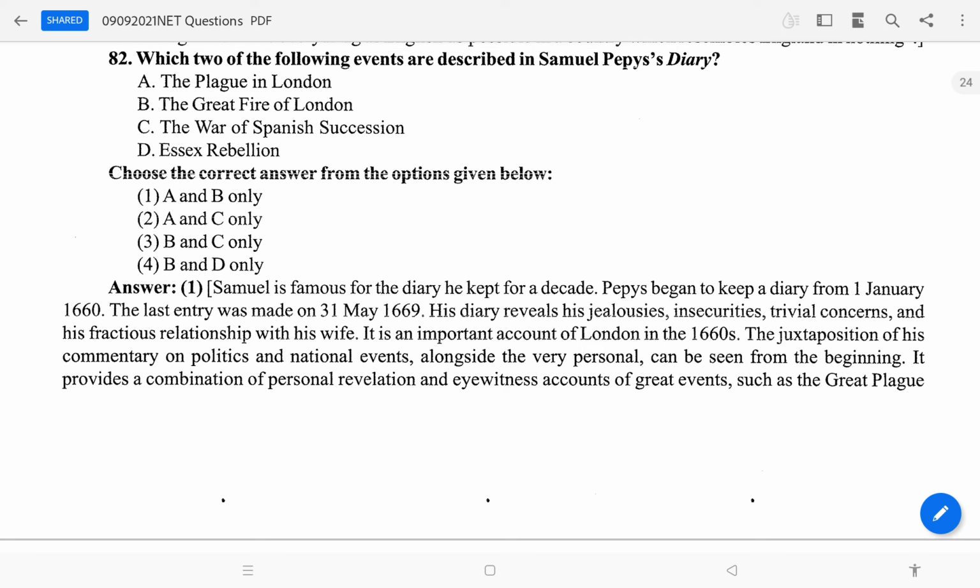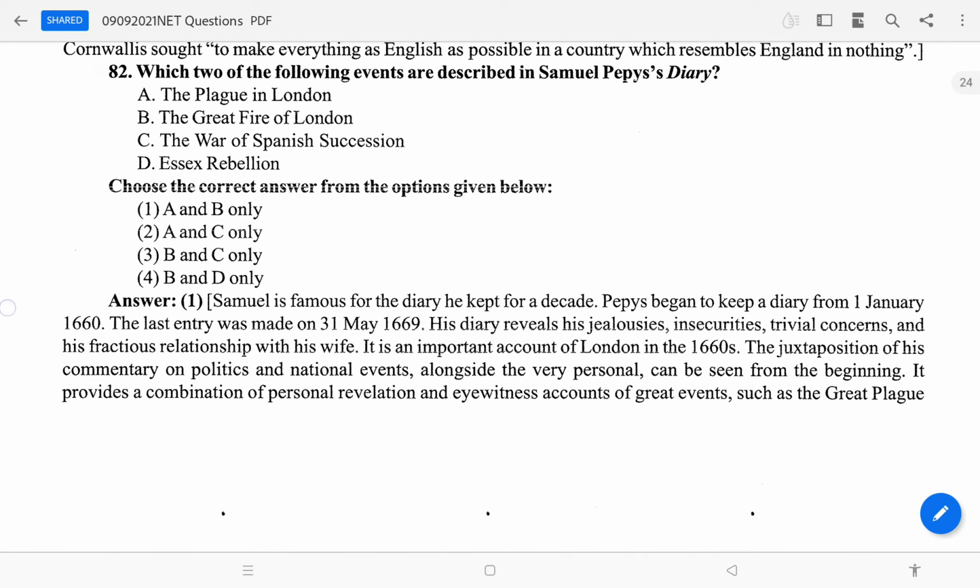He was very ill, and the doctor asked him not to read and not to write, and therefore he stopped writing. You know that Milton was also asked to stop writing and stop reading, but he did not, and therefore he became a great writer. But Samuel Pepys was a famous diary writer.